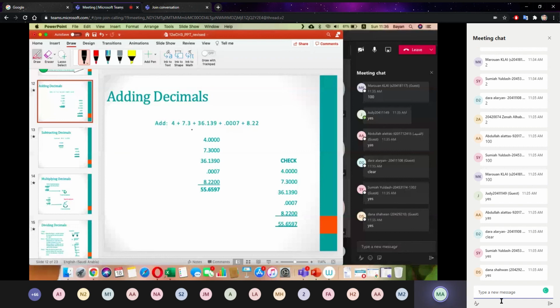Okay, we're gonna add decimals. So the first thing, we find the value that has more zeros. Sorry, which value has more numbers in the right?